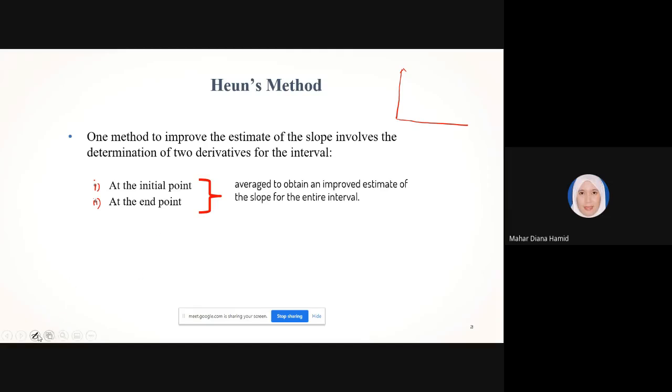If we try to draw that, we will get something like this.